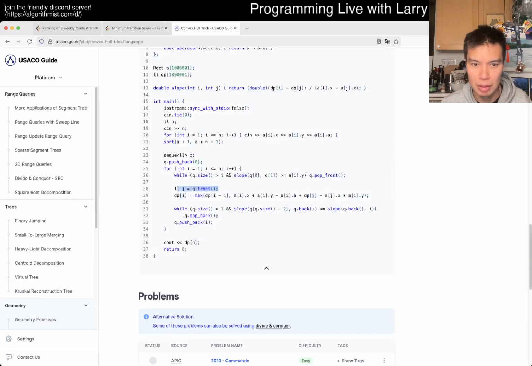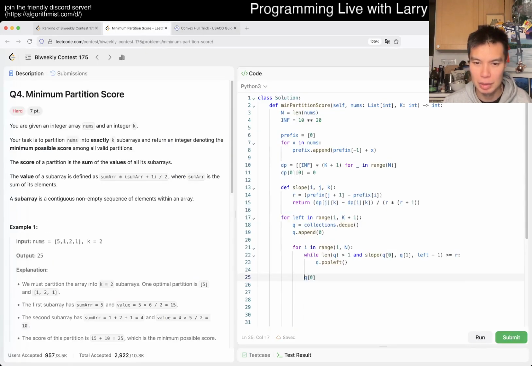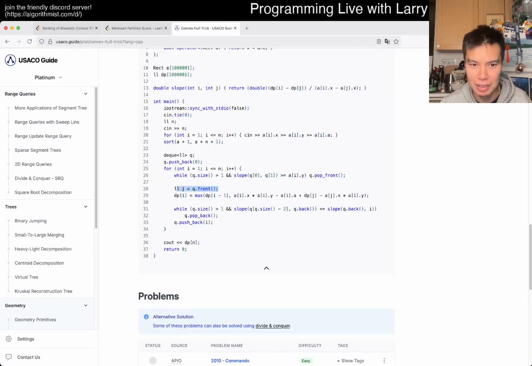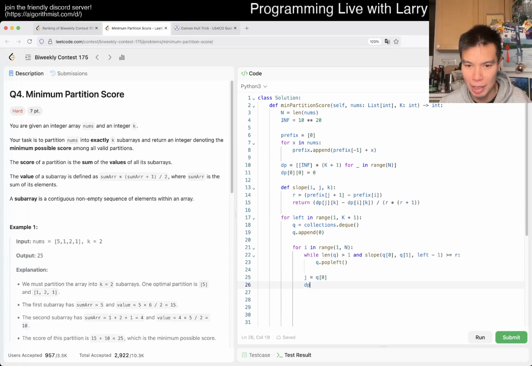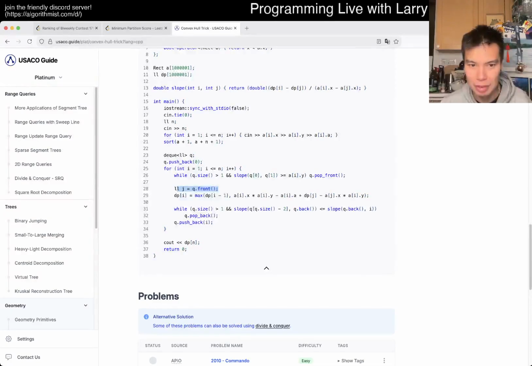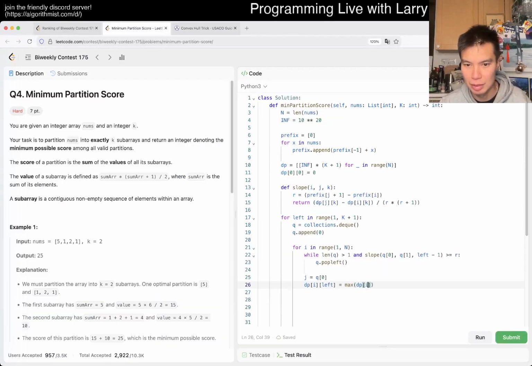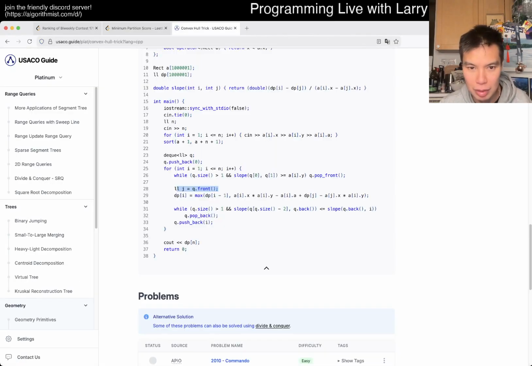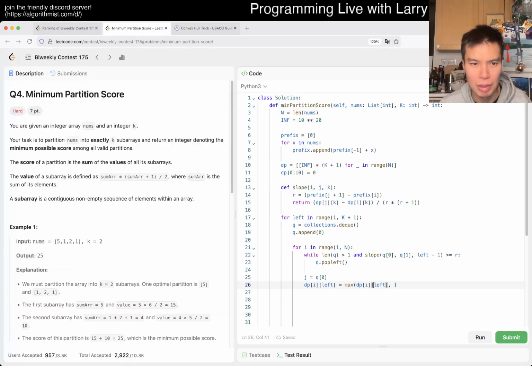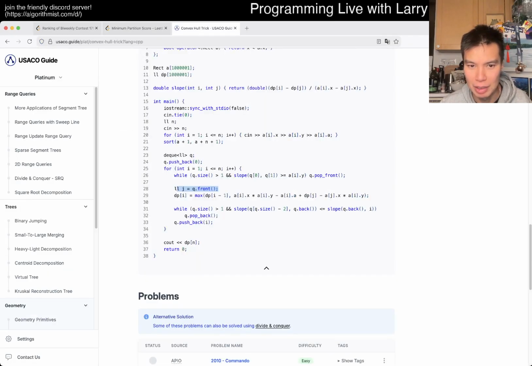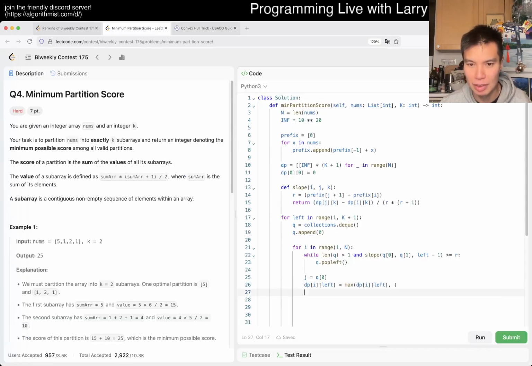And then now Q of 0 is going to change this, and then dp sub I left is equal to what? Well, in this case, I don't know if that makes sense. This doesn't really make sense either, and I don't think this is a max. I don't know why I'm writing it, but then it just becomes this.